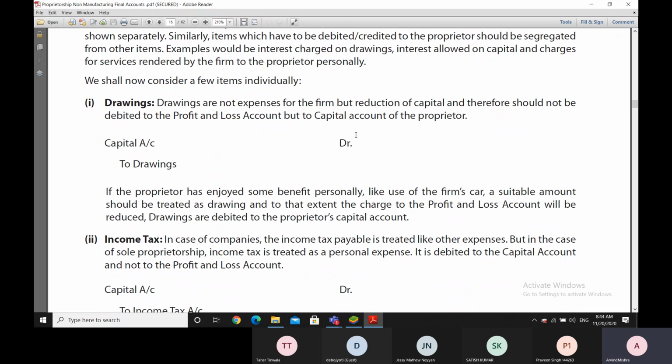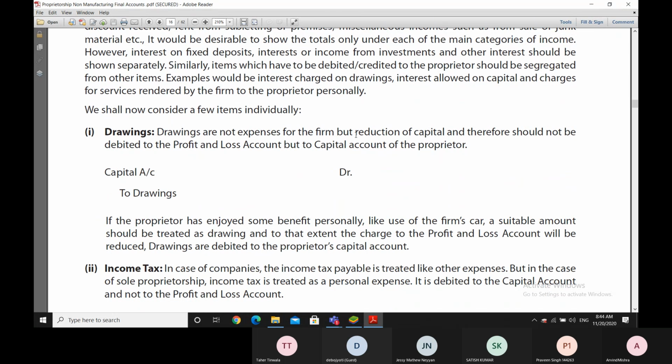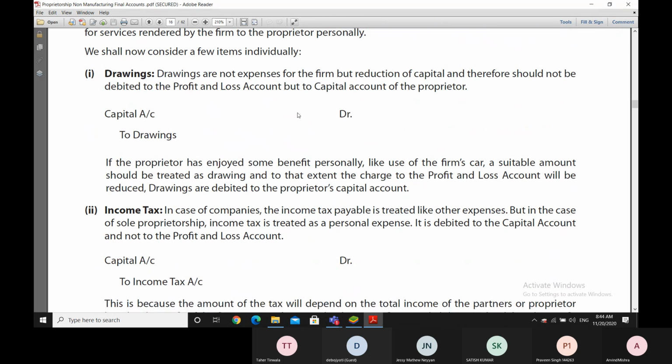Now let us try and understand some other items like drawings. Now, drawings are not expenses of the business. That is the money being taken out from the business by the proprietor.